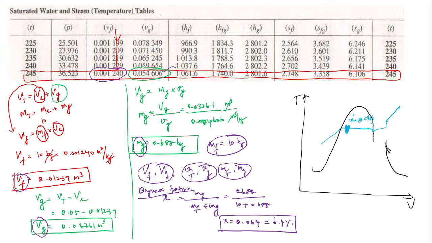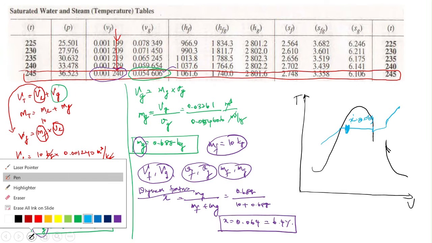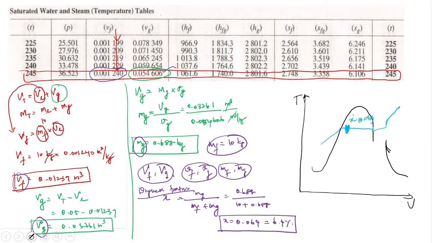Then you have to find the specific enthalpy, specific internal energy and specific entropy at that point. From the diagram you know that this is the Vf line. So at 245 degrees Celsius, this is Vf, that is 0.0001240.